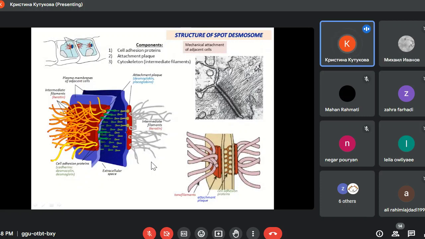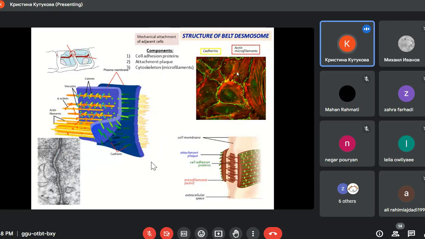Next, spot desmosome, or just desmosome. No, second should go the belt desmosome, or intermediate junction. It is called belt because it goes like a belt at the perimeter of the cell. It is the second contact.